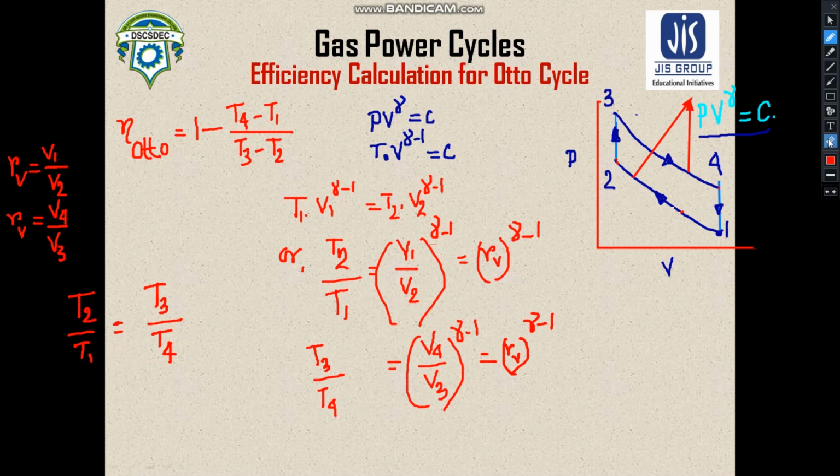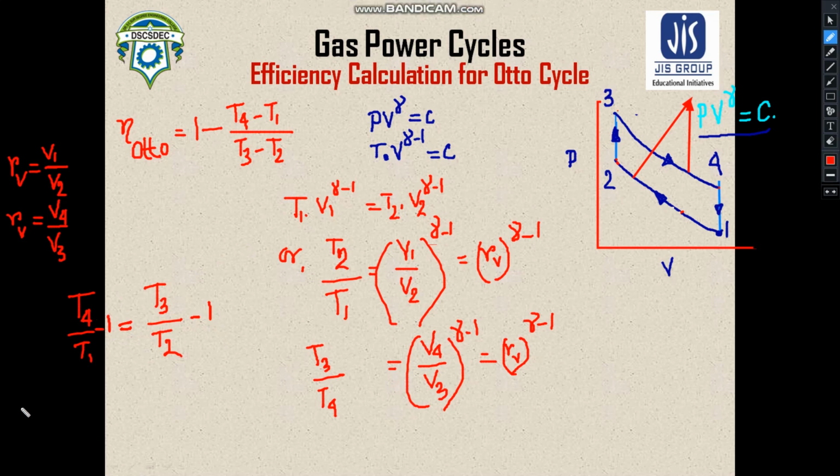Now if we do a little bit of rearrangement, if we take this 4 here and this 2 here, you can see the equation T4 by T1 is equal to T3 by T2. Now I will subtract 1 from both sides. So T4 by T1 minus 1 is equal to T3 by T2 minus 1.